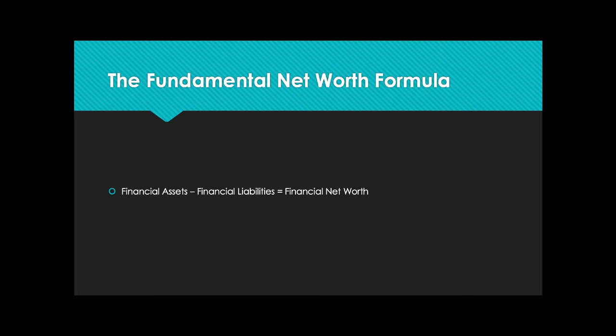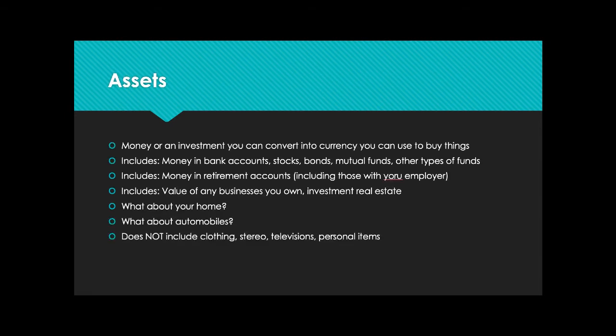So if this is the basic calculation, assets minus liabilities equals net worth, well, let's talk about that. What are financial assets? First of all, assets. Assets are money or investments that you can convert into money, into currency, that you can use to buy things. And so it essentially is something, anything that you can relatively quickly convert into currency that you can use to purchase the things you want and things you need.